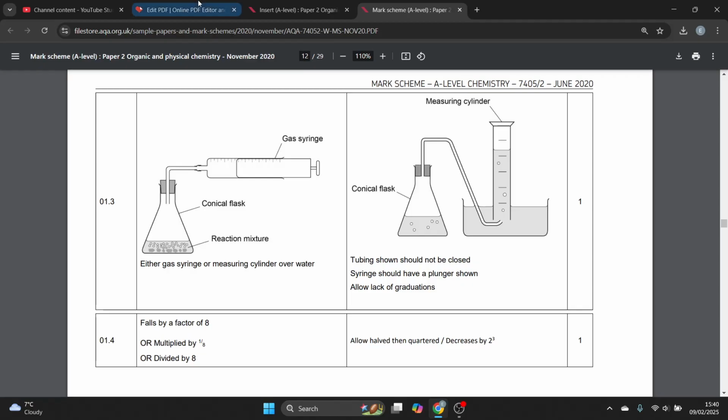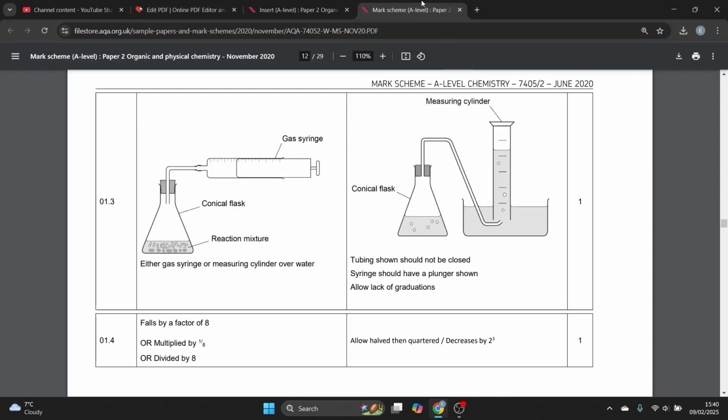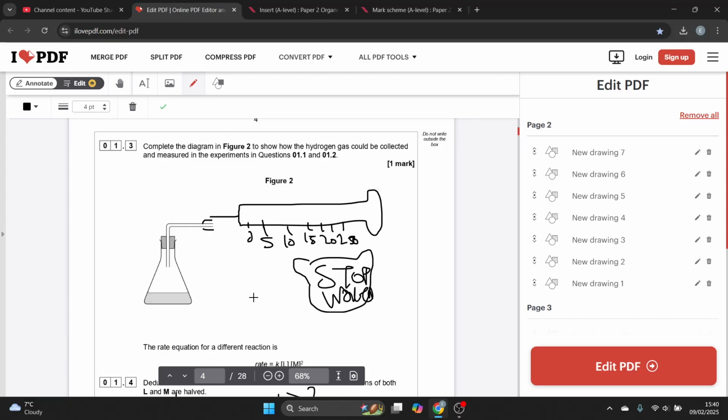There we go. Oh yeah, it didn't actually tell us to label it, but yeah, conical flask and reaction mixture. So that's your conical flask.